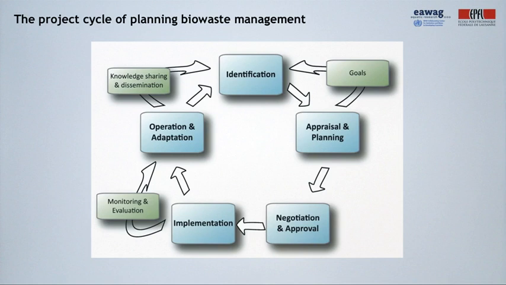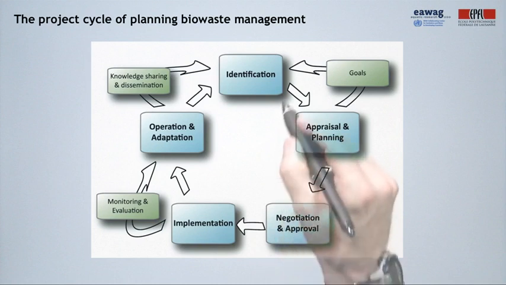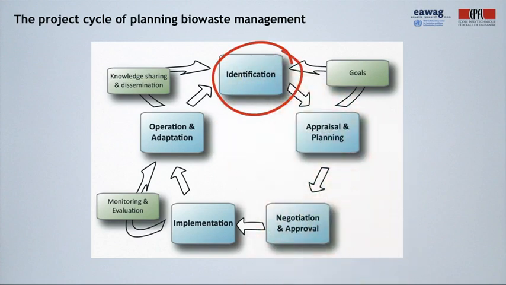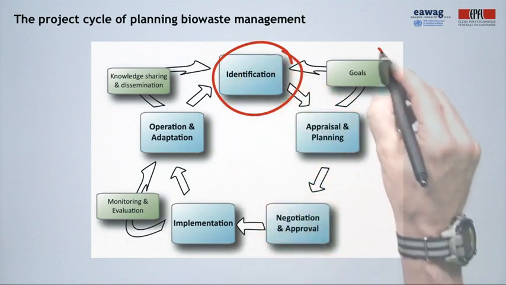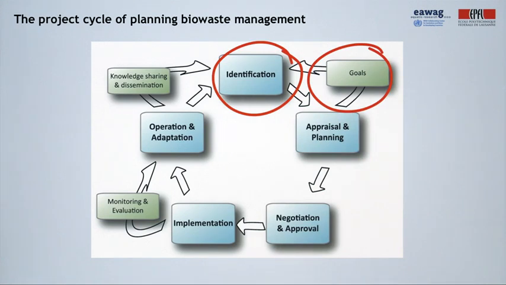The planning steps we shall go through are those typical of any project planning cycle, as you see in this graph, something you might have come across already. The first step is identifying problems and needs based on an assessment of the existing situation. Then developing goals, generating weighting objectives, and elaborating on potential actions to meet these objectives.